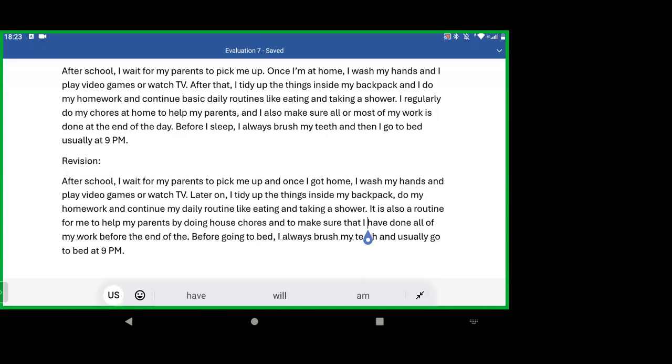So it is also a routine, and from I regularly, I'm just going to make it more varied. It is also a routine for me to help my parents by doing house chores and to make sure that I have done all of my work before the end of the day. So actually this is better by saying by the end of the day.